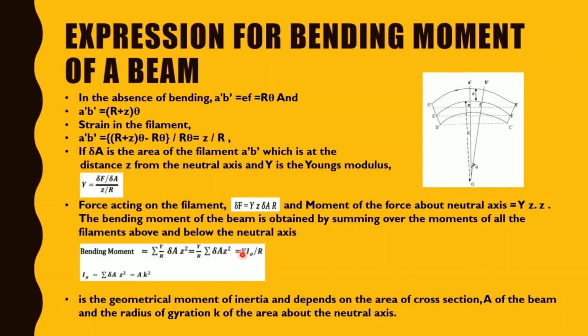So, Y is the Young's modulus, R is the radius, and Ig will be the bending moment.